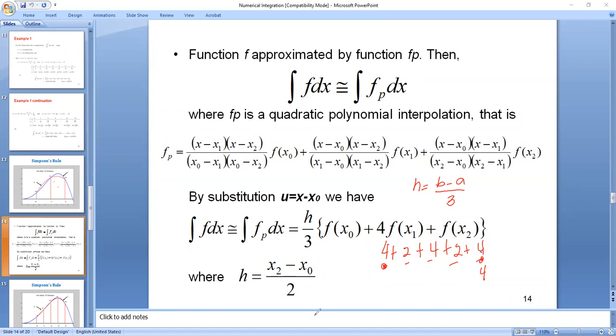That's the reason why Simpson's rule requires that your number of intervals or divisions should be even. That way, the way you alternate 4 and 2 as multipliers for the middle values of the functions will be in that particular form.